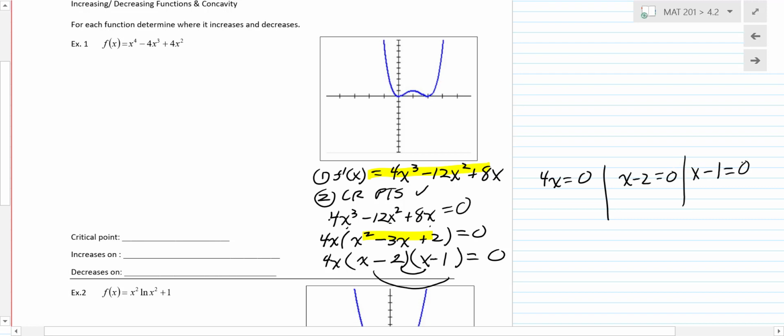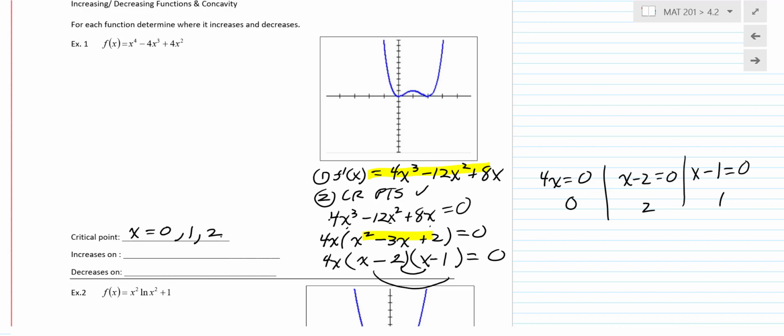So you're going to solve those 3 equations. And all those you can do in your head. So what are the 3 solutions? 0, 2, and 1, right? Do that in your head. You don't have to show that unless you need to. So that means your critical points occur at x equals 0, x equals 1, and x equals 2. So that's what we've accomplished by that.